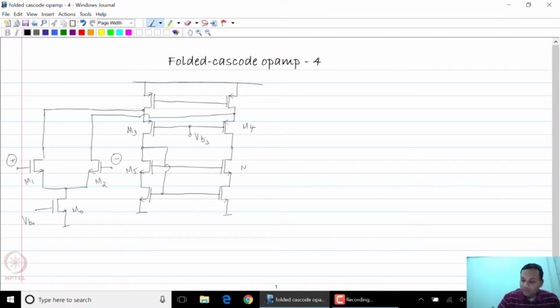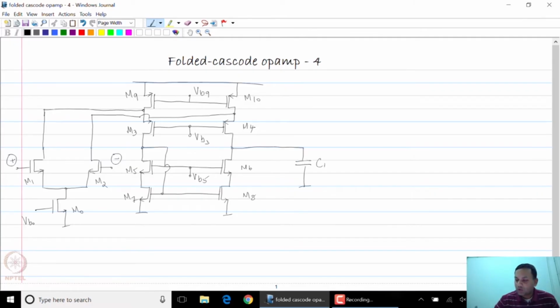M5 to M8 form the NMOS current mirror at the bottom, and there is a bias voltage VB5 at that gate. Finally, M9 and M10 are the current sources, and they have a bias voltage VB9.